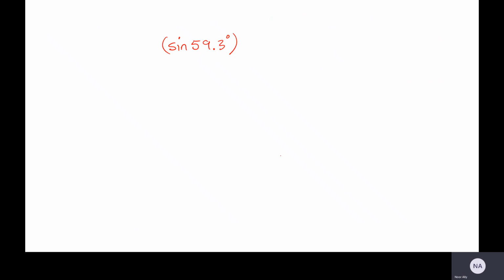Let's say you have to calculate sine of 59.3 degrees, multiply by the tangent of 1.7, divide that by the square root of the cosine of 2.3.